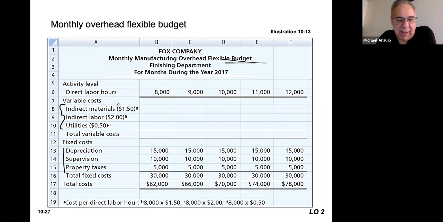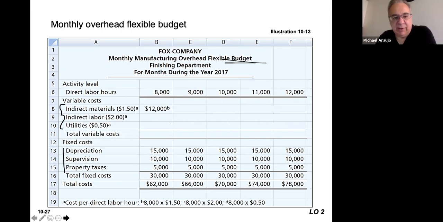That's why we went through that little exercise of getting the cost per labor hour for indirect materials, indirect labor, and utilities. So now that we have these, we're simply going to multiply them and fill in our cells here.